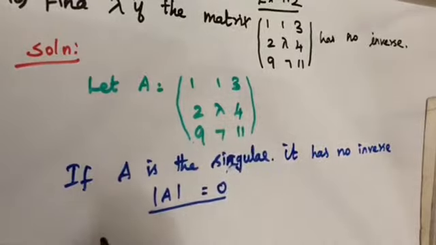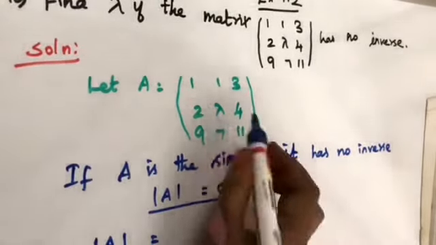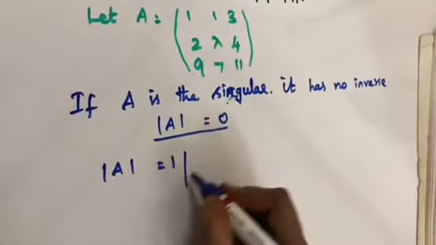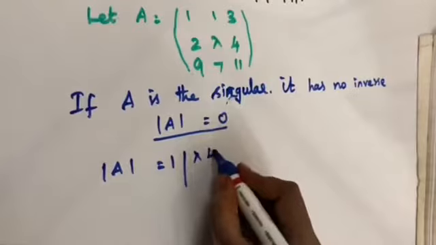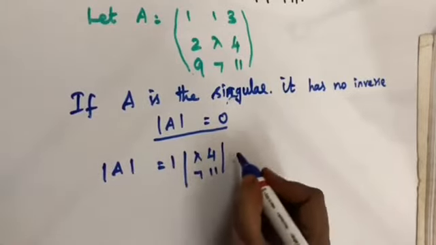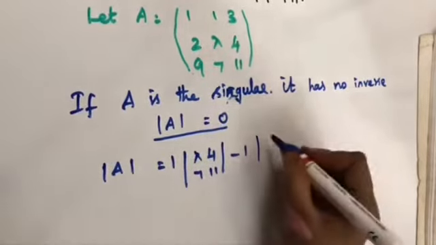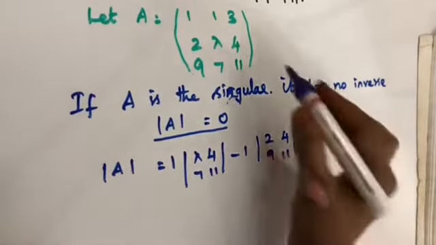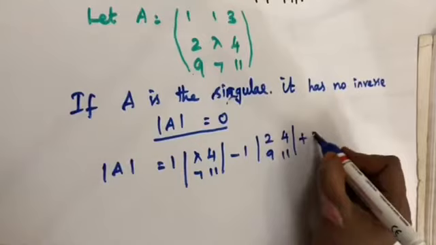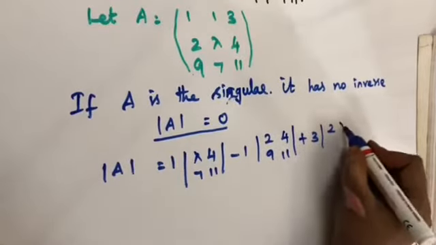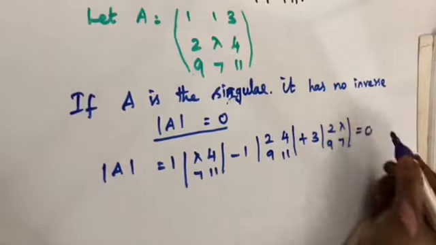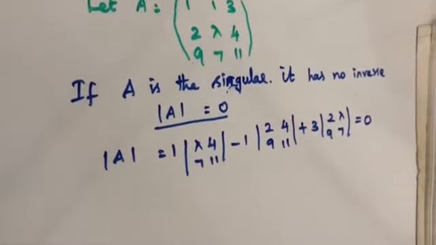Determinant A is equal to, let us expand and find the value. 1 into (lambda times 11 minus 4 times 7), minus 1 into (2 times 11 minus 4 times 9), plus 3 into (2 times 7 minus lambda times 9) is equal to 0, as determinant A is equal to 0.